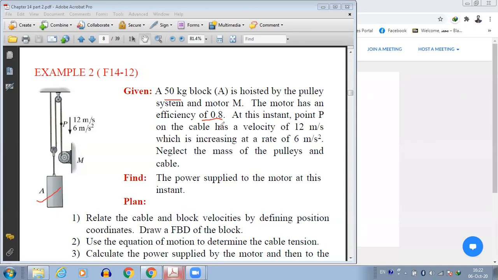At this instant, the point P on the cable has a velocity of 12 meters per second, which is increasing at a rate of 6 meters per second squared. Neglect the mass of the pulleys and the cable. Find the power supplied to the motor.